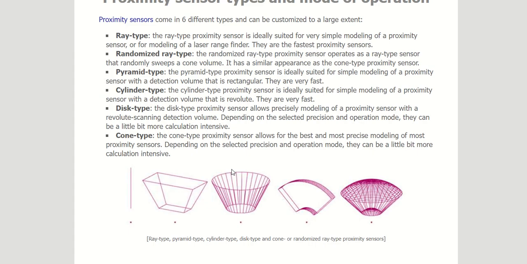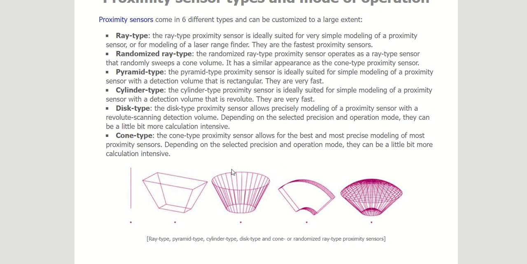Now that we have discussed the photoelectric sensor, we have to discuss the proximity sensor as well, with its different types and modes of operation. There are six total different types or styles of proximity sensors. The first one is called the ray type.